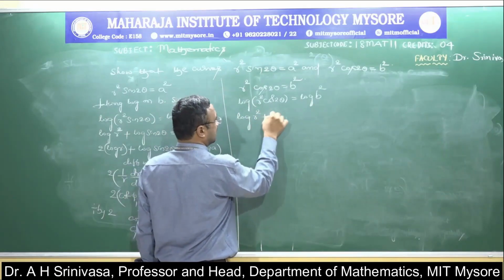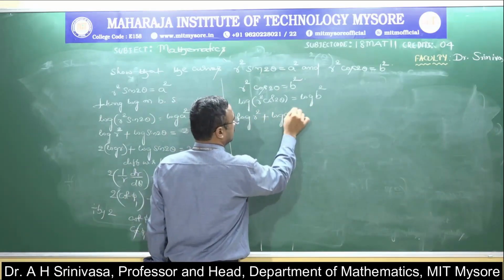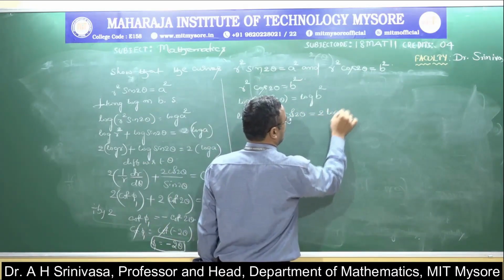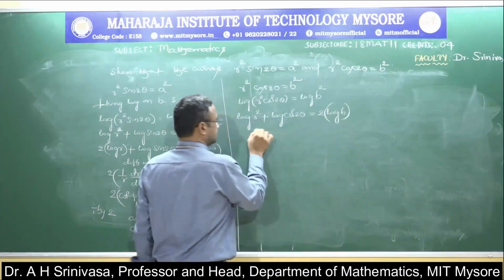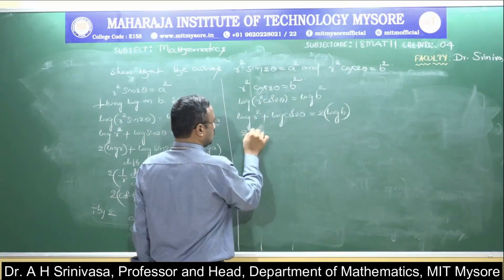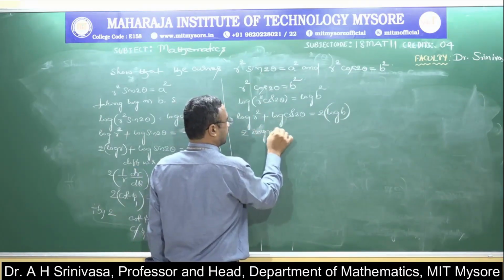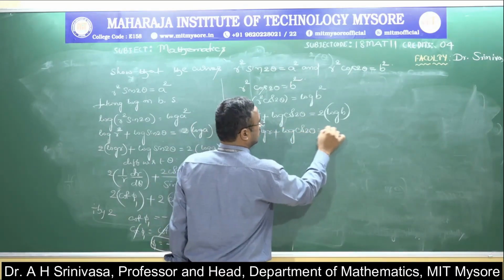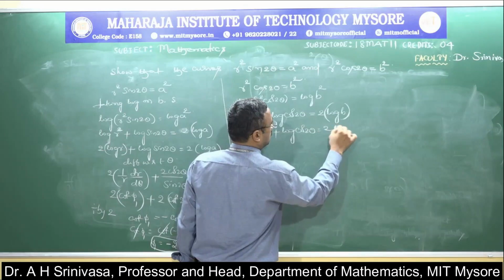Log r square plus logarithm of cos 2 theta should be equal to 2 times log b. Then 2 log r plus logarithm of cos 2 theta equals 2 log b.